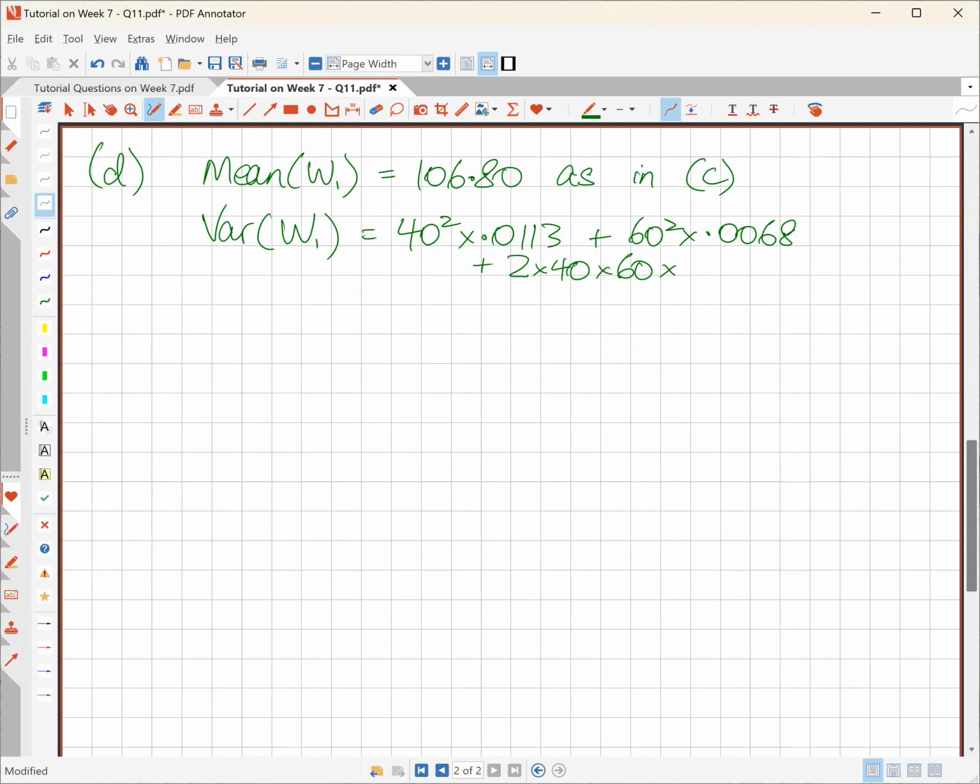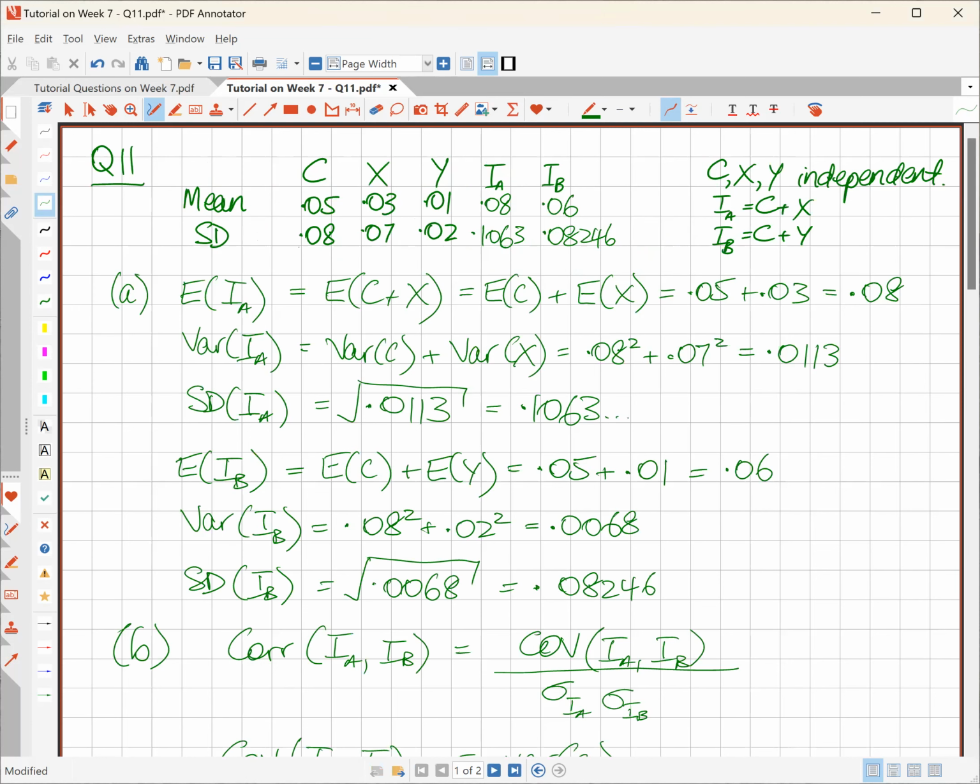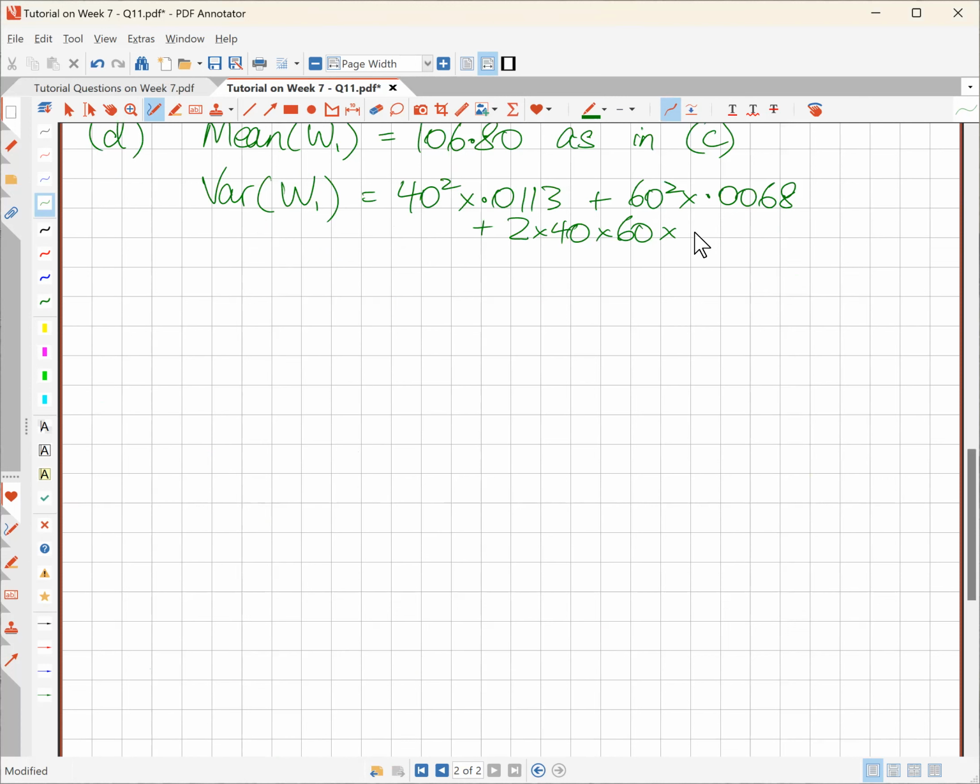Just checking back, the standard deviation is 0.08, so the variance of C is 0.08 squared, and that's the expression that we need at that point. When we calculate that, that comes to 73.28.